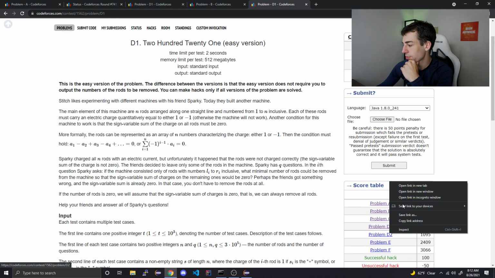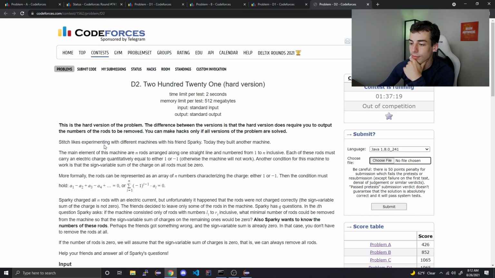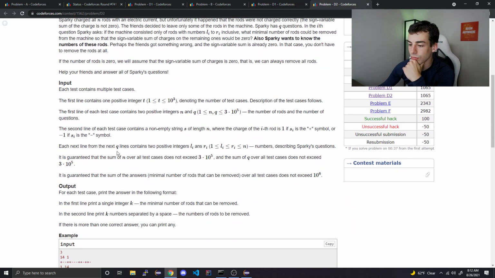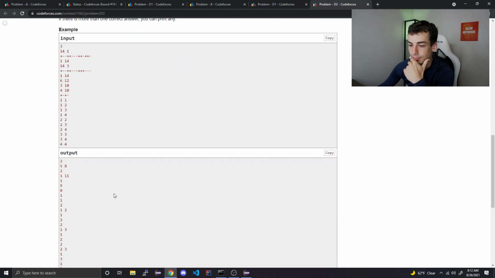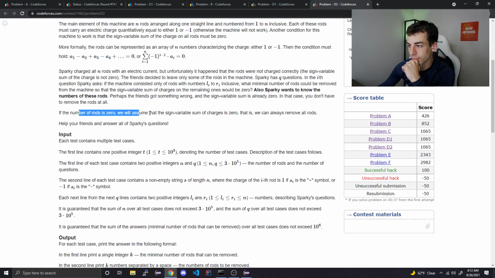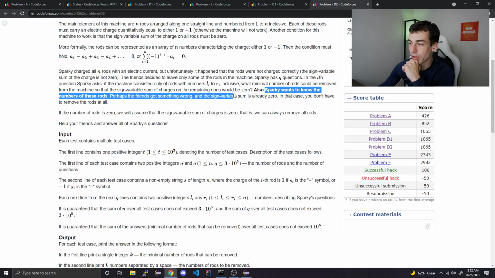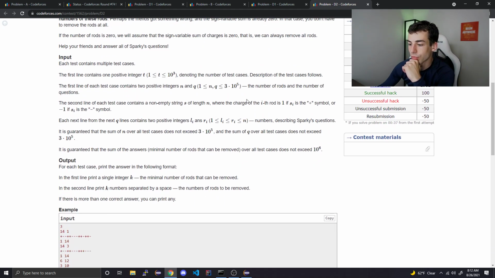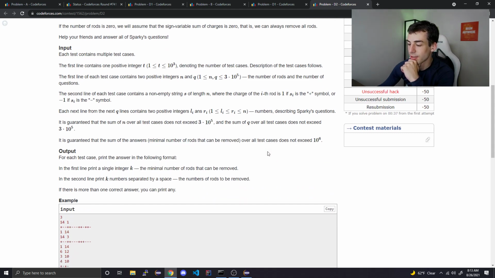And what is the difference here? What is E2 like, or D2? The numbers of all of these rods. There can be a lot, right? The sum of answers does not exceed 10 to the 6.